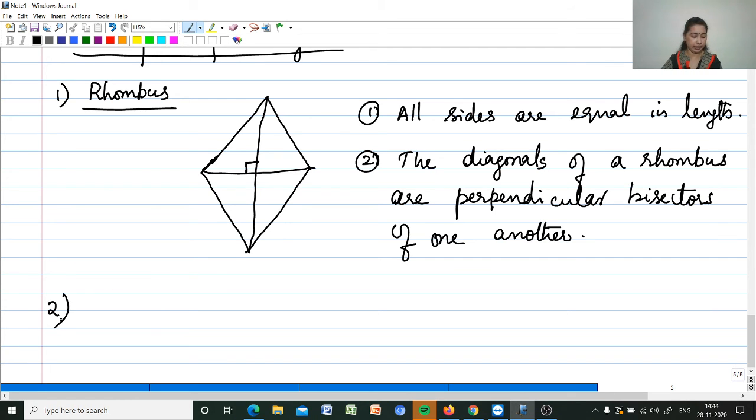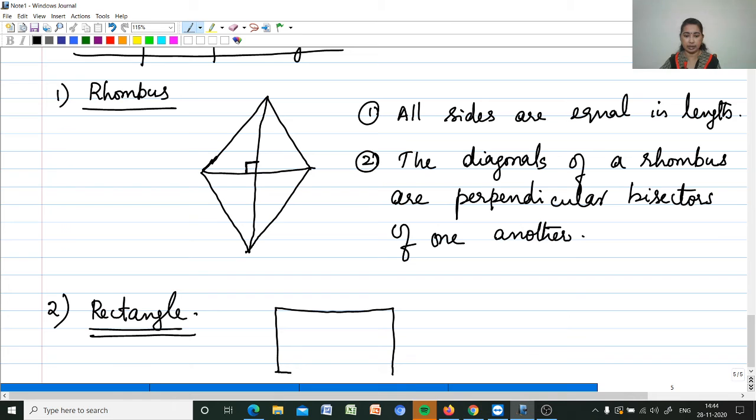Then the second one is a rectangle. This rectangle is also a parallelogram, but in a rectangle we can see that all the angles are equal. With equal angles, it is a parallelogram because opposite sides are equal and parallel.